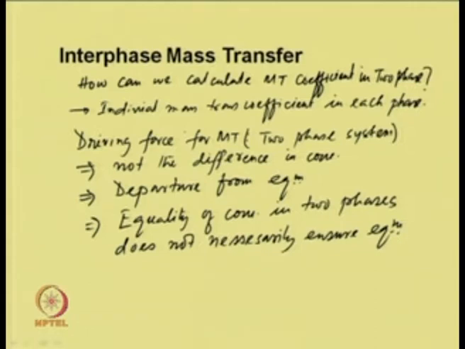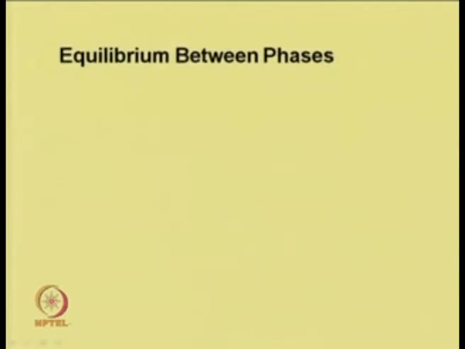Then what is the true driving force for mass transfer in case of equilibrium between the phases? When we say equilibrium between two phases, we say that there is no net movement or no net transfer of the solute among the phases.